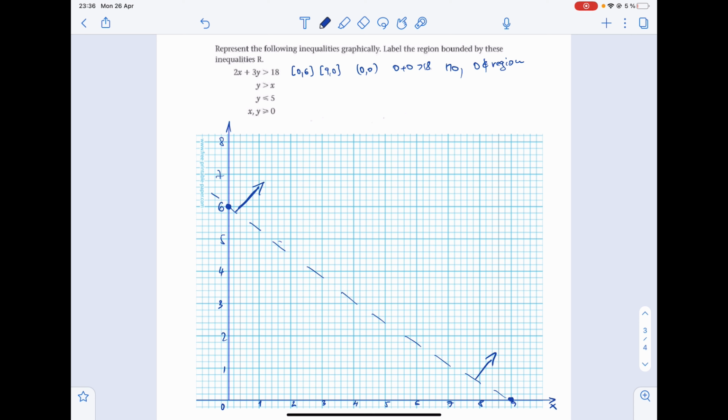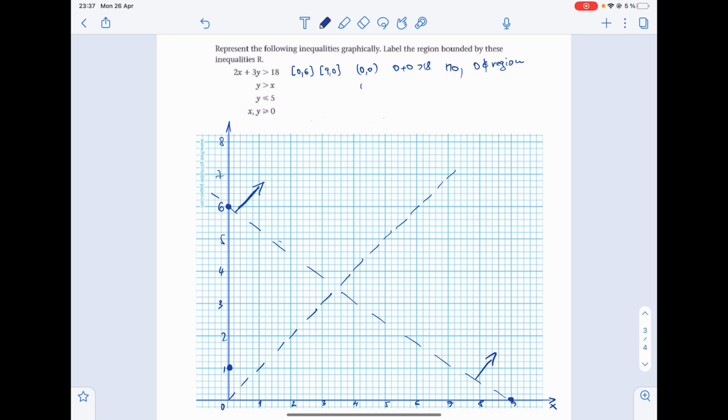Then the second one is y equals x. Then it's easy to sketch, but again there is no equal sign in the original inequality. That's why the line is dashed. So I have a dashed line. Now I cannot use the origin 0, 0 to identify, so I choose one point. I'm going to choose the point 0, 1.